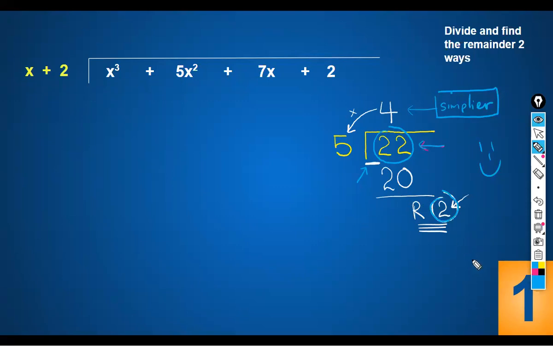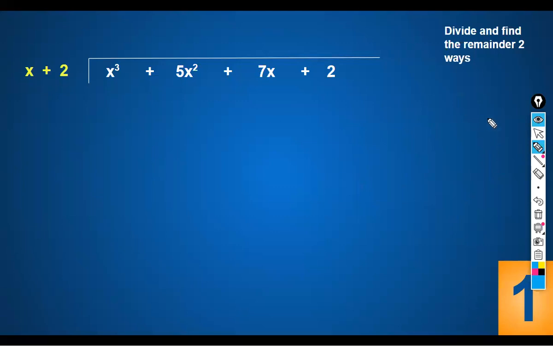And that would be the end of your schooling career. But today, I'm going to show you how to divide complex scenarios like this. And what we're trying to do in this question, we're trying to find out if x plus 2 is a factor of this madness underneath here.